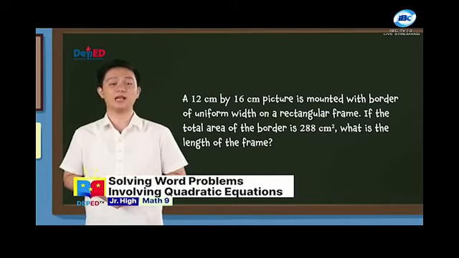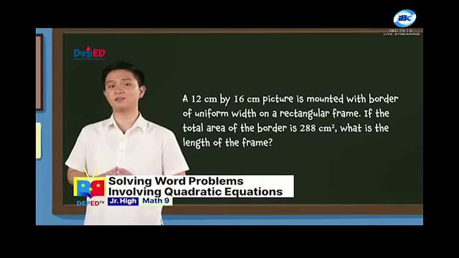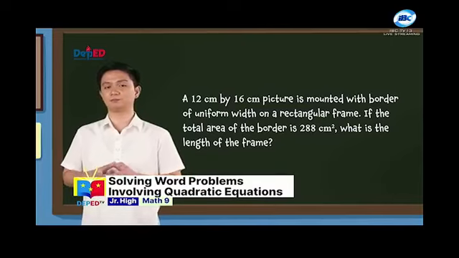A 12 cm by 16 cm picture is mounted with a border of uniform width on a rectangular frame.